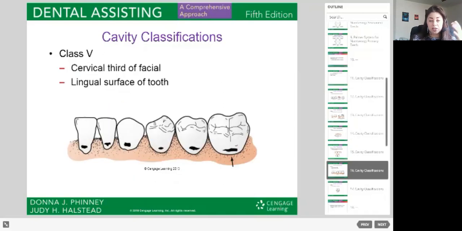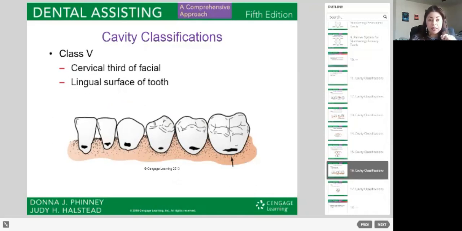Class 5, which is just the V, is the cervical third of a facial surface or the lingual surface. So facial or lingual cervical thirds. That means these just down right here. When I say cervical, cervical is towards the neck, right at the gum line.